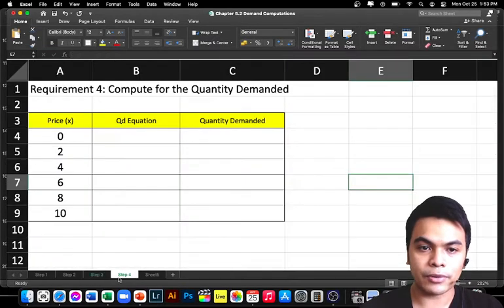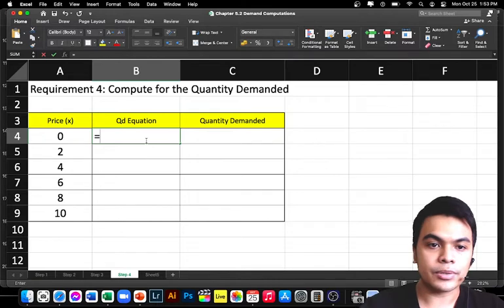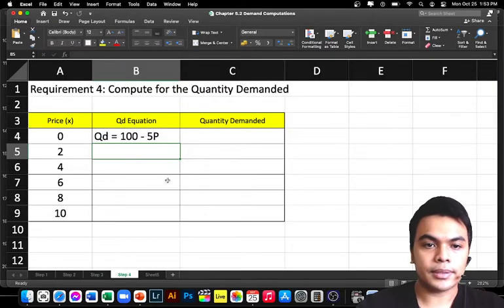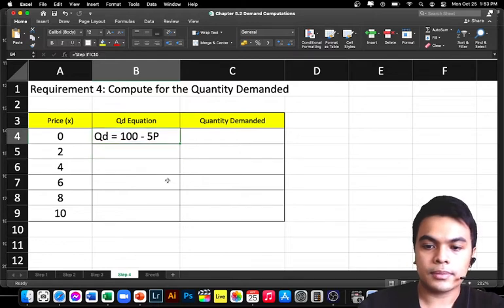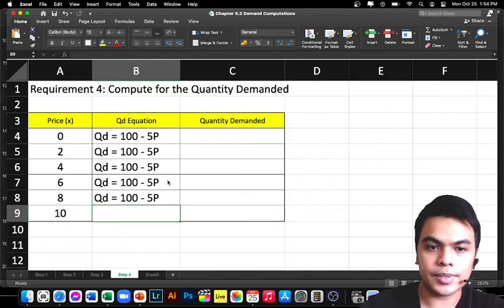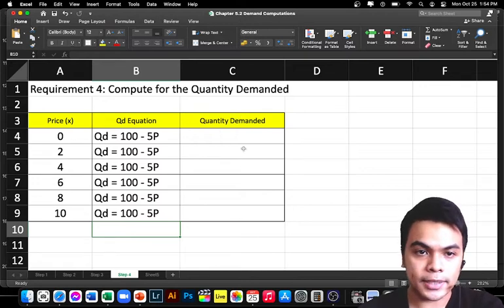For step number 4, we can now check if our equation is correct. So let's put our equation here. Let's see if the quantity demanded is correct.